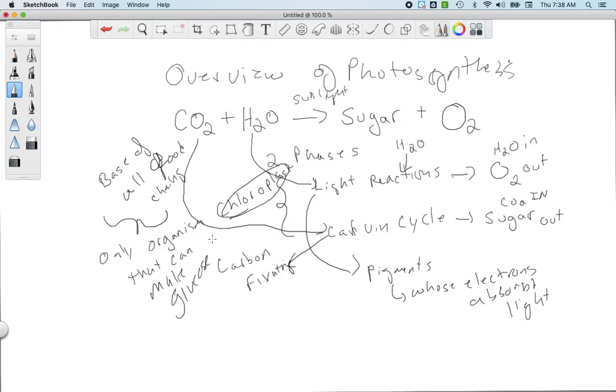They can make glucose. There is no other way on the planet to get sugar. It has to come from a producer. So they don't really need us consumers, but we definitely need producers.